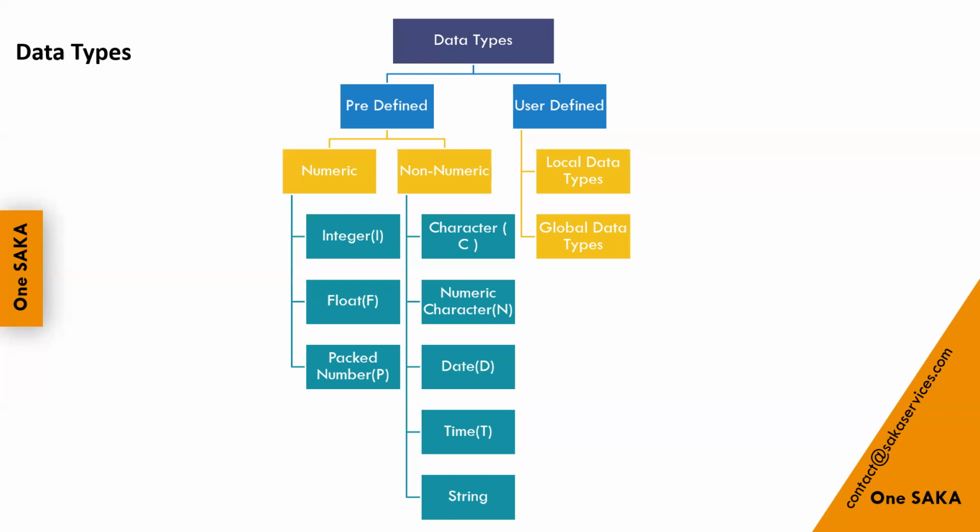I'll create a program and start showing how to use these different data types. Let me develop the first program in SAP. Let me log into the SAP system and start developing the program.